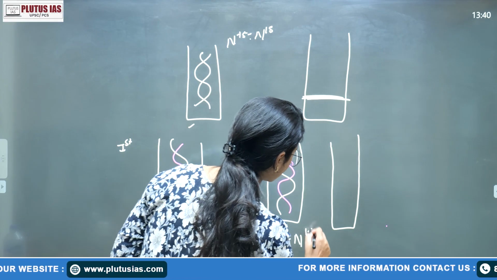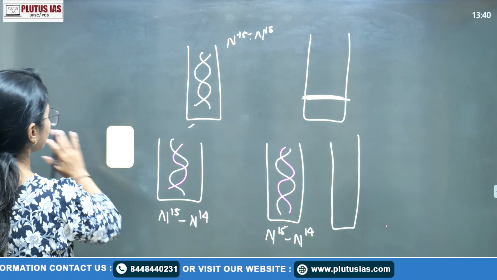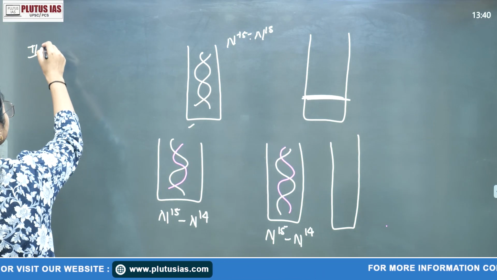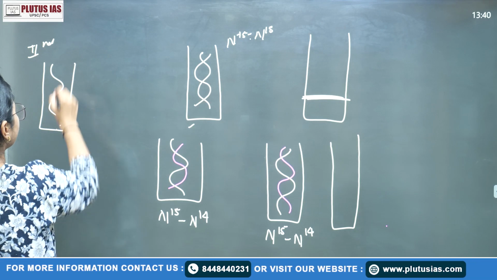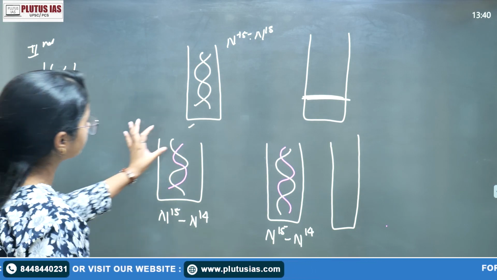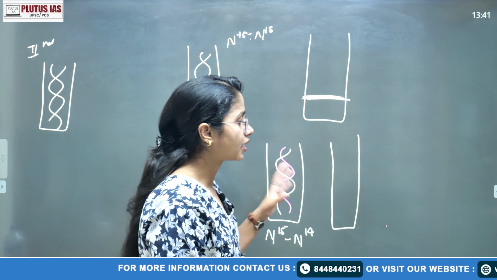This is your Meselson and Stahl experiment. In the second generation, again one of the parental DNA strands stays as one strand and another new DNA strand has been formed.